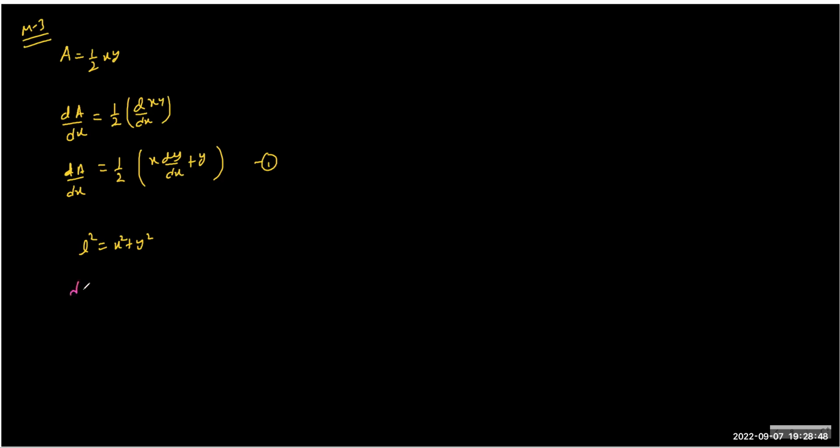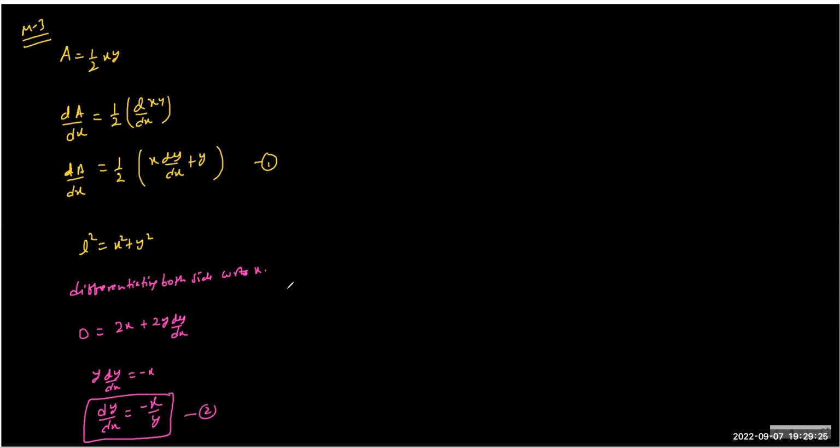So differentiating both sides with respect to x, the LHS is 0 because it's constant. What is the RHS? 2x plus 2y into dy by dx. So what we get here is that dy by dx is minus x by y.